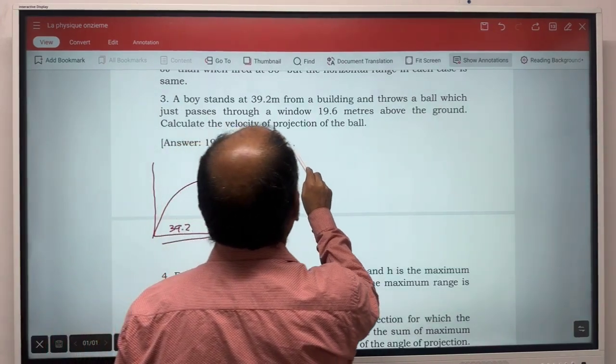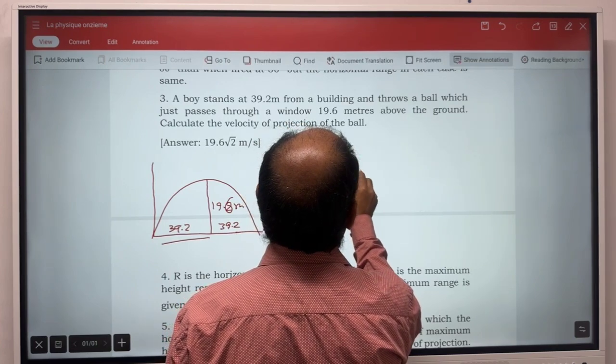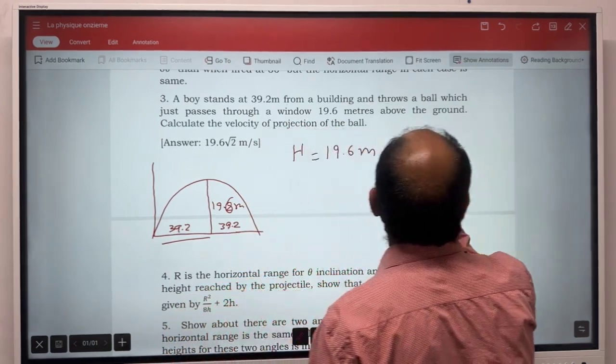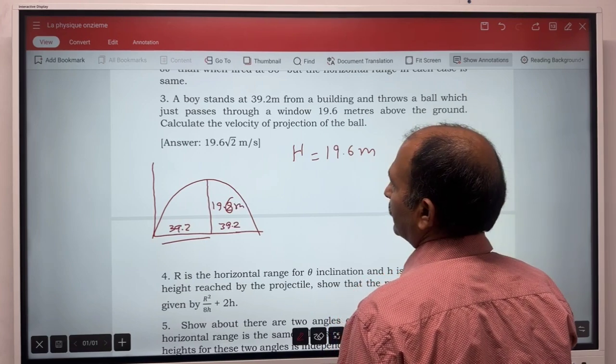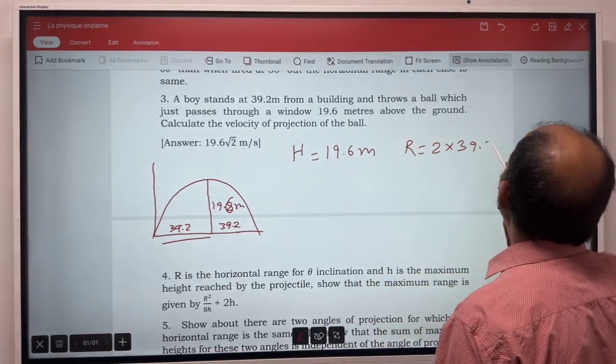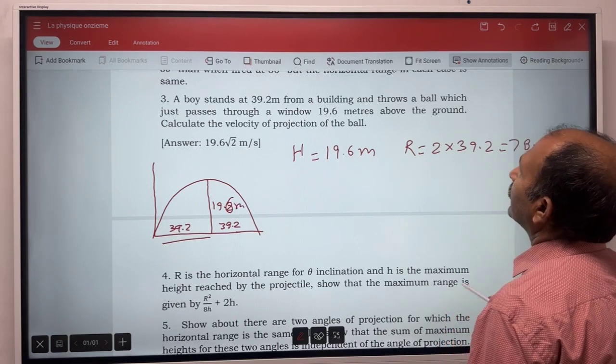So we can say that h is 19.6 meter and R is 2 times 39.2, means 78.4 meter.